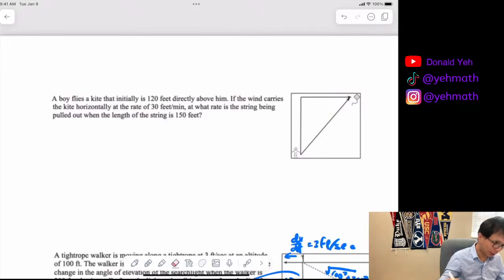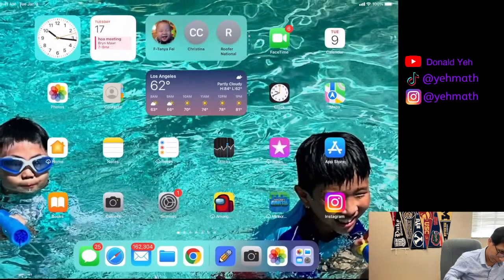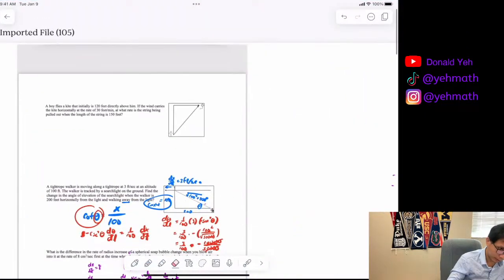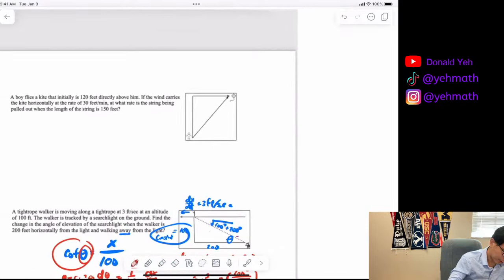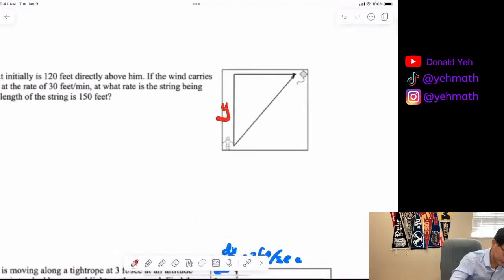Pythagorean theorem. So for this one, there is a y, and y is red. It's constant. So y is 120, and this is a constant.